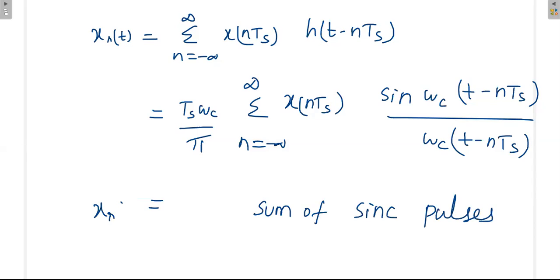From this we can recover our original signal x of t, which is equivalent to xr of t. If we go into detail and draw each and every sinc function, we can easily observe that the summation provides xr of t, which is the same as x of t. Okay, thank you.